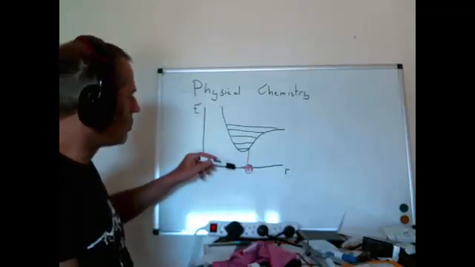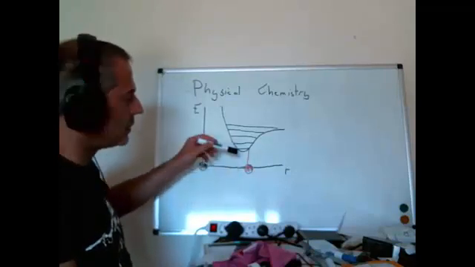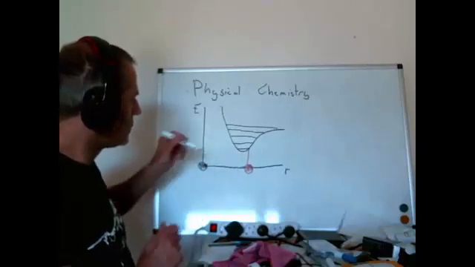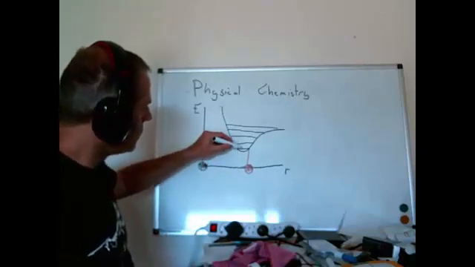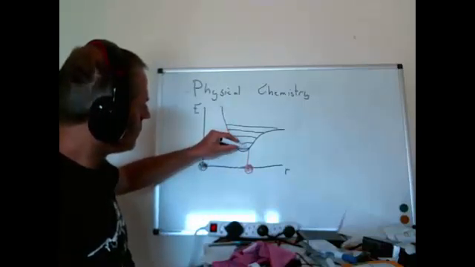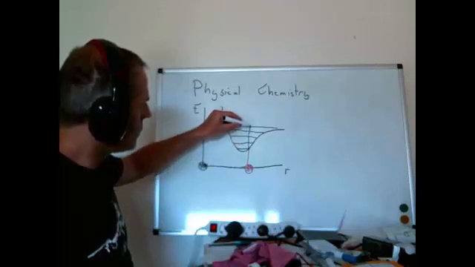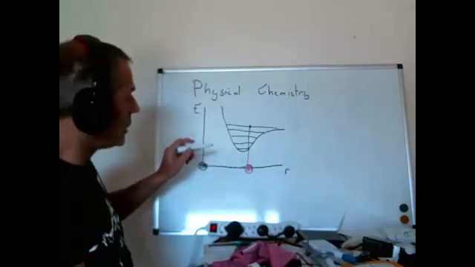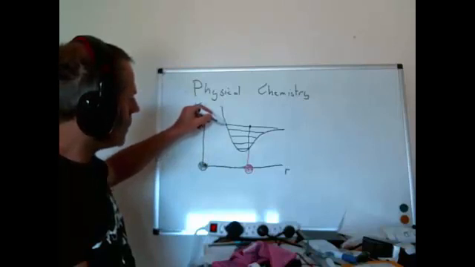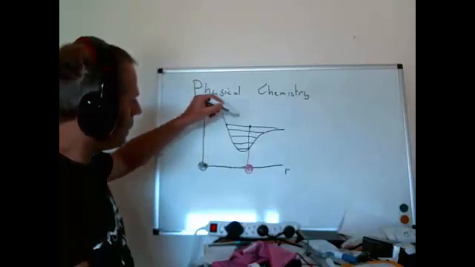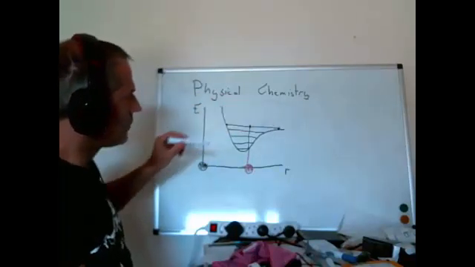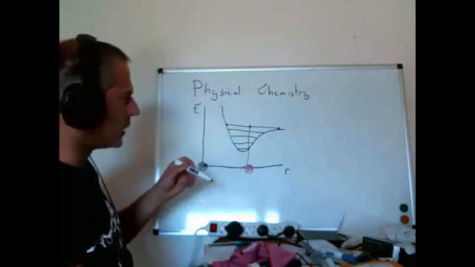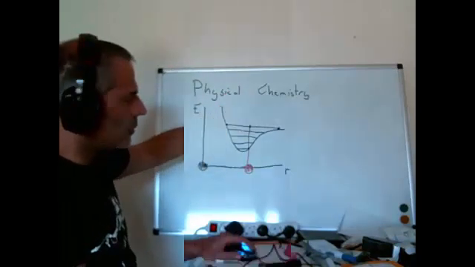Now we can think about what happens when we try to excite it to another energy state. So let's try and go up to this one. If we go up to this energy state, the molecule is oscillating between here and here, and it can fall back down to its original state.